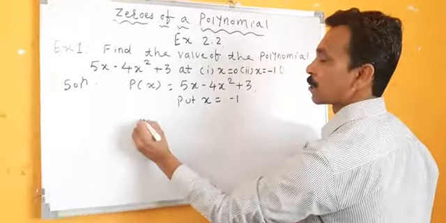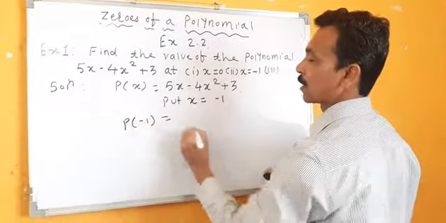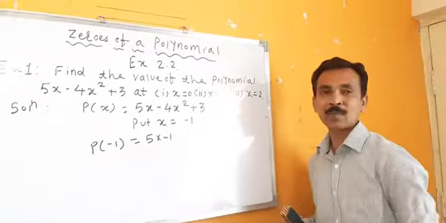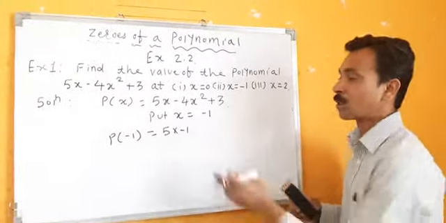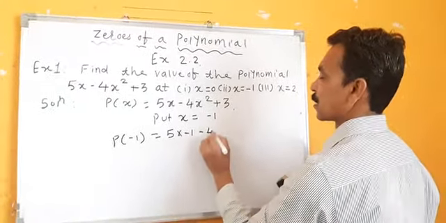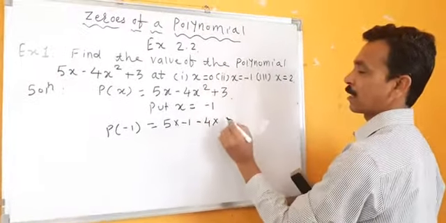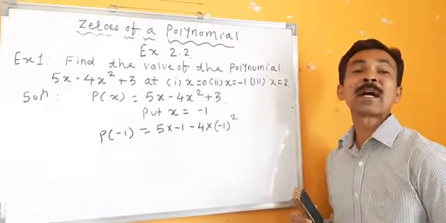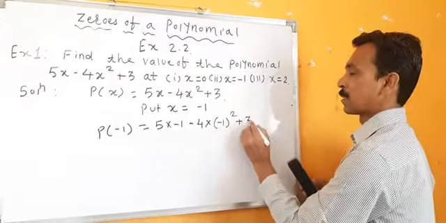So it becomes p of minus 1 is equal to 5x, which means 5 into x. What is the value of x? Minus 1. So it becomes 5 into minus 1, minus 4 into x square. X square means minus 1 square, because the value of x is minus 1, plus 3.